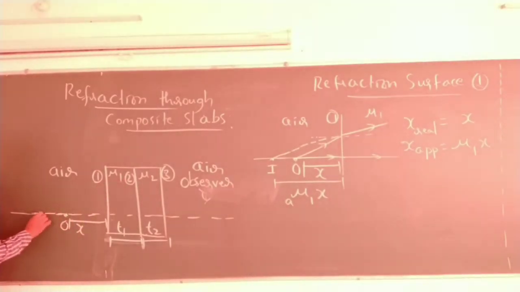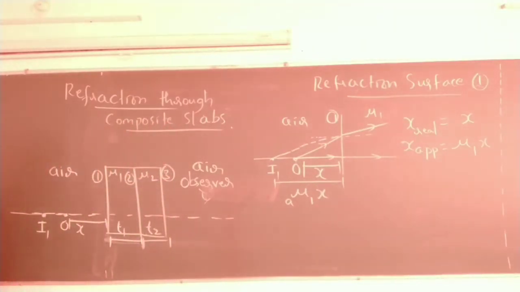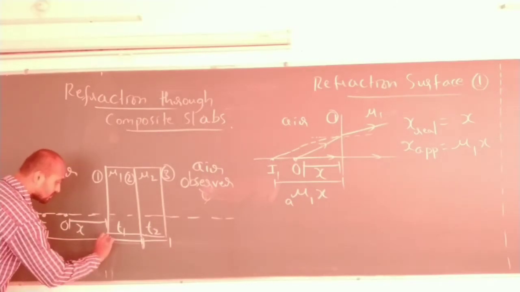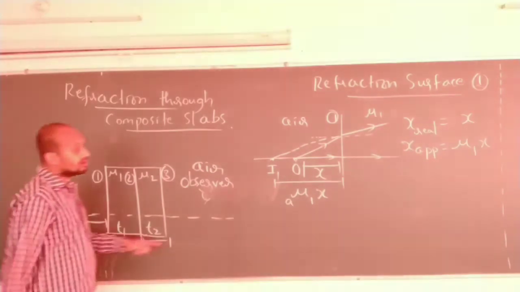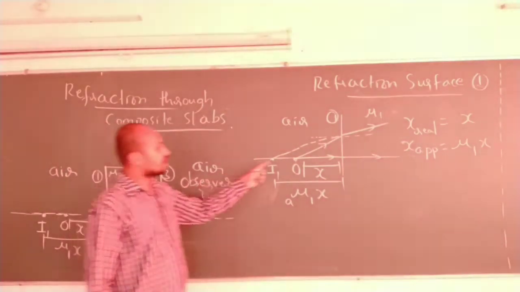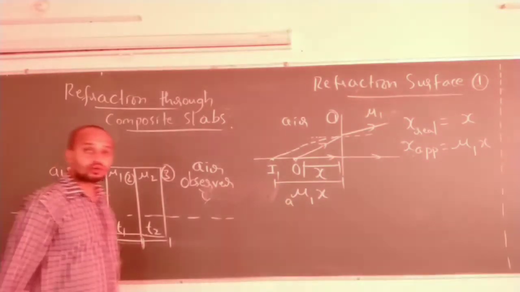Now, see here, let us take this image as I1. If I take that image as I1, what is the distance from the first surface? From the first surface the distance is mu1 into x. Correct? No? Now this image I1 will act like an object for surface 2.